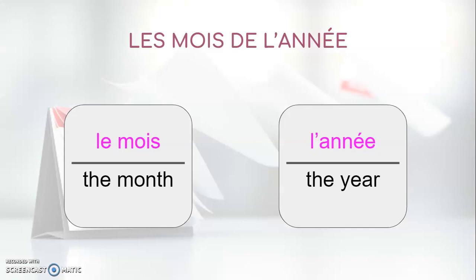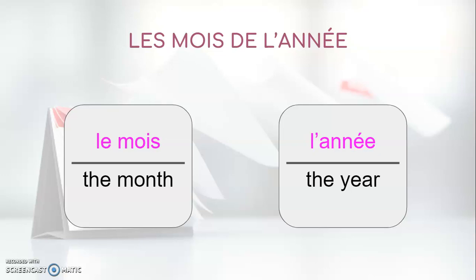Now, what about the months? Well, the heading says les mois de l'année. As we did before, we're going to learn what these words mean. Special vocabulary relating to the days, the months, enfin, le calendrier. So we're talking really about the calendar, right? The days, months, and dates.